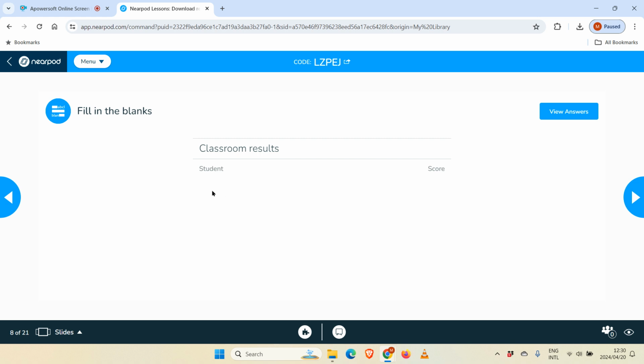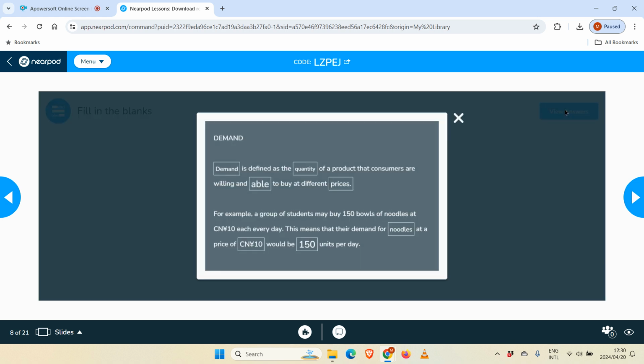Here we are. What the teacher will see is the students' names appearing there and how many they've got correct in filling in those missing words. If we have a look at the answers here, we'll see the paragraph and the missing words the students had to fill in.